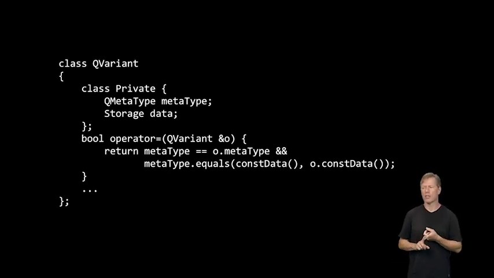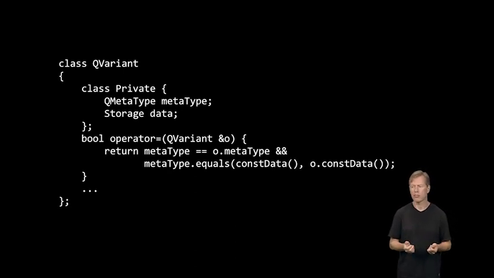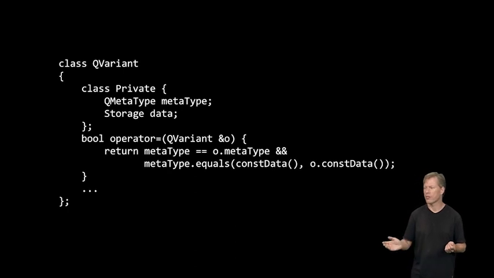So for example, the equality operator with another variant, it checks whether the metatypes are equal, and if they're equal, then it also asks QMetaType to compare the data in there. Very simple and straightforward, and that basically gave us a very consistent handling of those things and removed one of those big architectural problems that we had in Qt5.